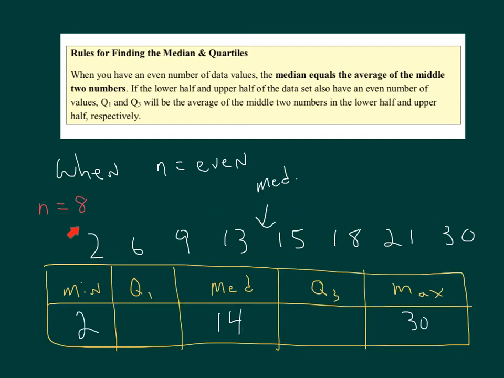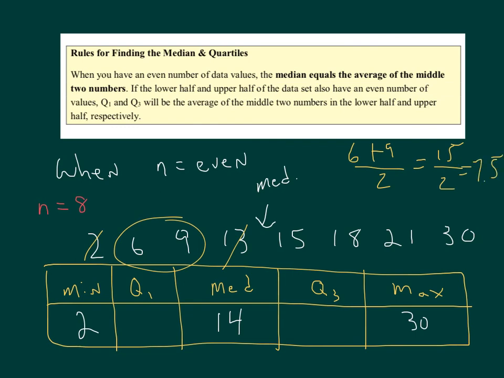Our minimum is 2. Put that in. Our maximum is 30. We've calculated the median to be 14. Now, how do you end up calculating the lower half? Well, since we didn't use 13 as our median, we're going to continue as such. I'm going to cross these guys off. And now we're going to find the halfway point between 6 and 9. So 6 plus 9 divided by 2 is 15 divided by 2, which is 7.5.